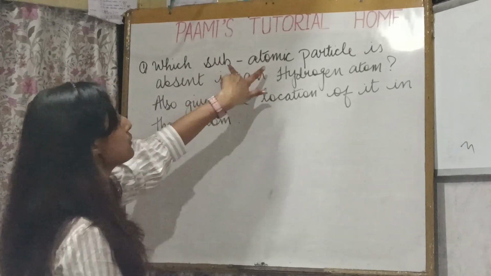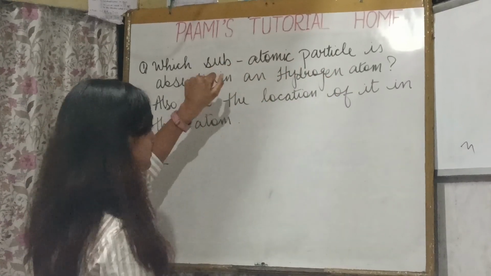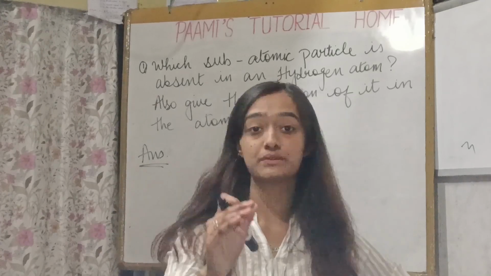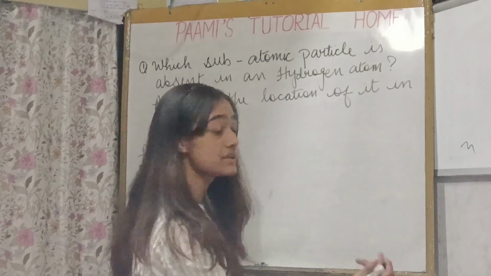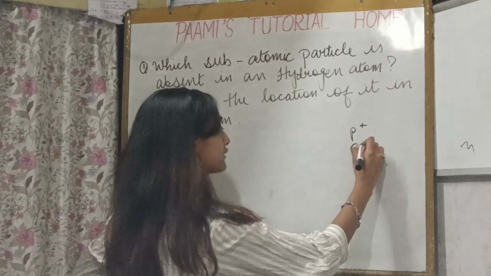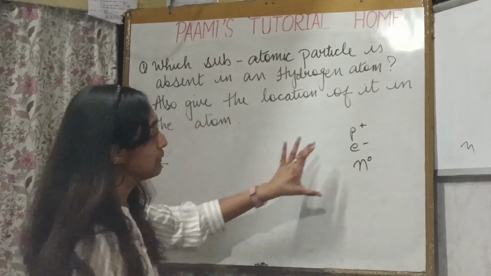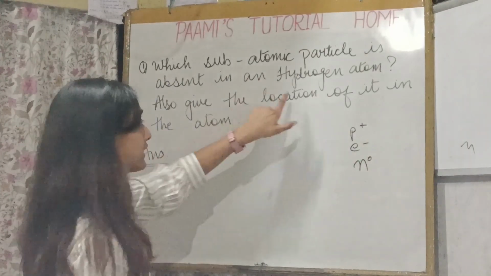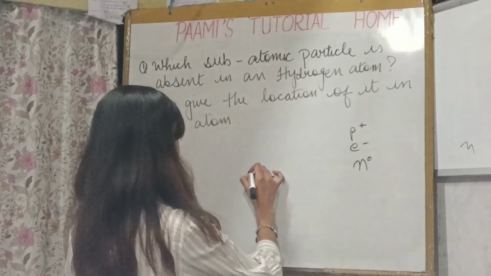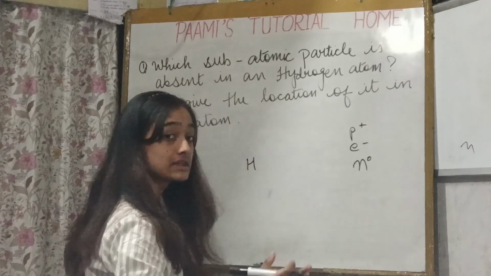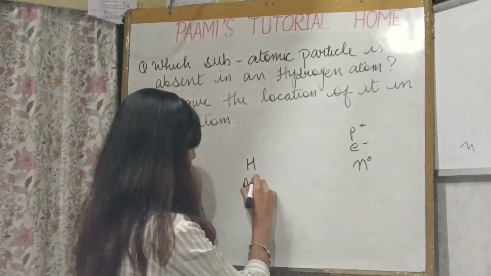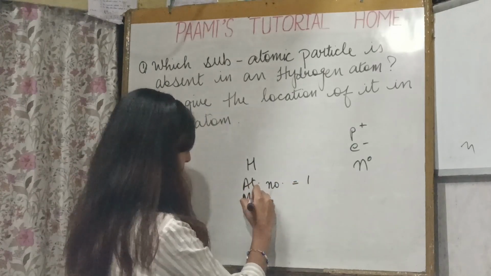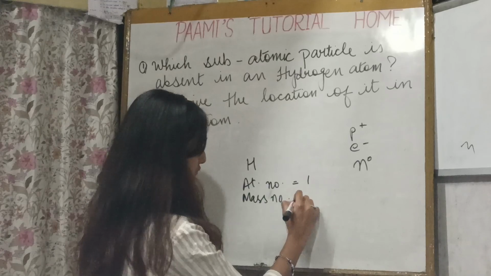Okay. So what do we mean by subatomic particle? Subatomic particle means the broken particles which are present in the atom. So what are the particles present in the atom? Protons, electrons and neutrons. So among these three, which one is not present in a hydrogen atom? For hydrogen, the atomic number is 1. And its mass number is also 1.